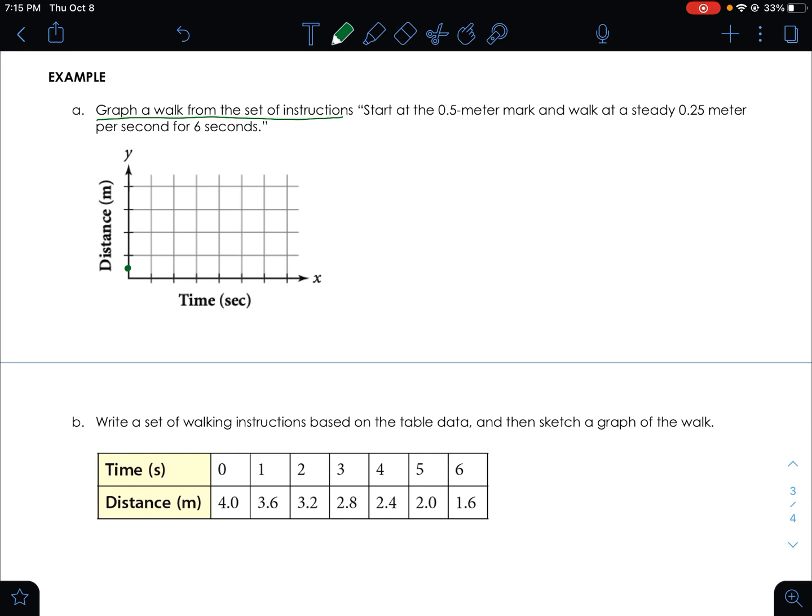So we're at 0.5, 0.75, 1.0, 1.25, 1.5, 1.75, and then 2. So again, since it's a steady rate, it should be a straight line, and our starting point is 0.5. And since it doesn't tell us whether we're walking towards or away, we're going to assume we're walking away from, because if we didn't, we would run out of space on our graph in this case.